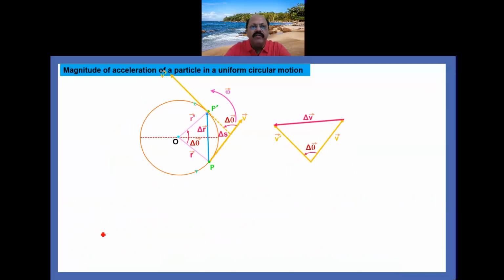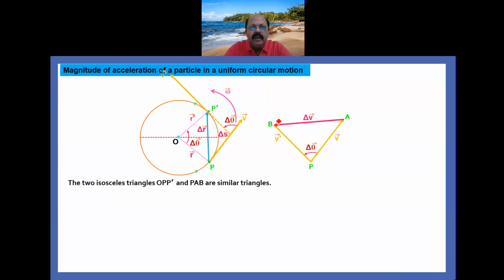Now the magnitude of the centripetal acceleration for a particle moving in uniform circular motion, using the same diagram that we have taken. The two isosceles triangles OPP dash and PAP are similar triangles.